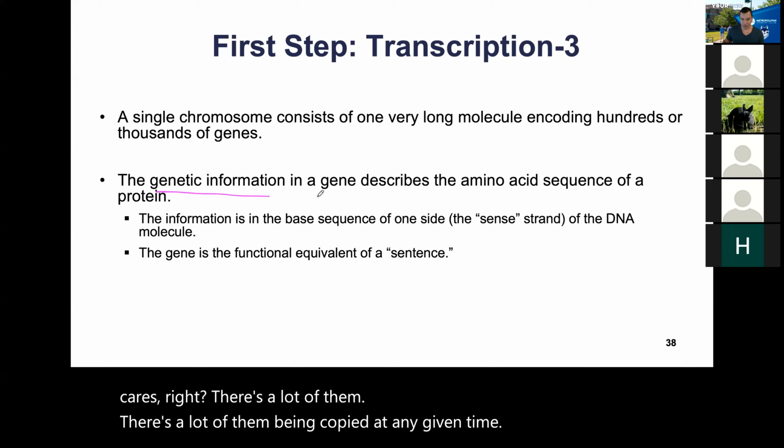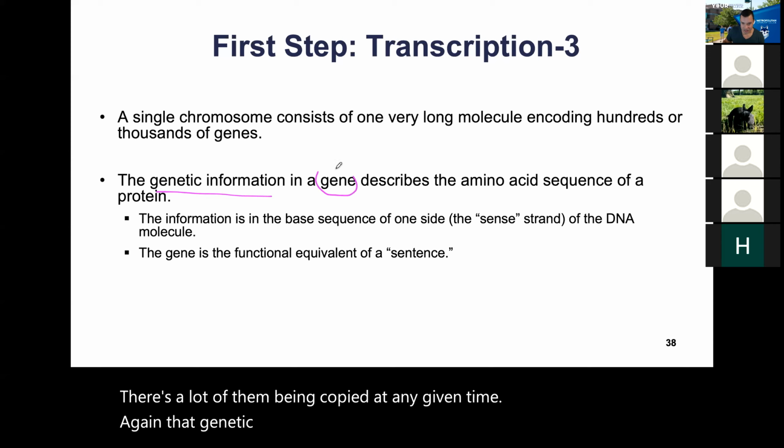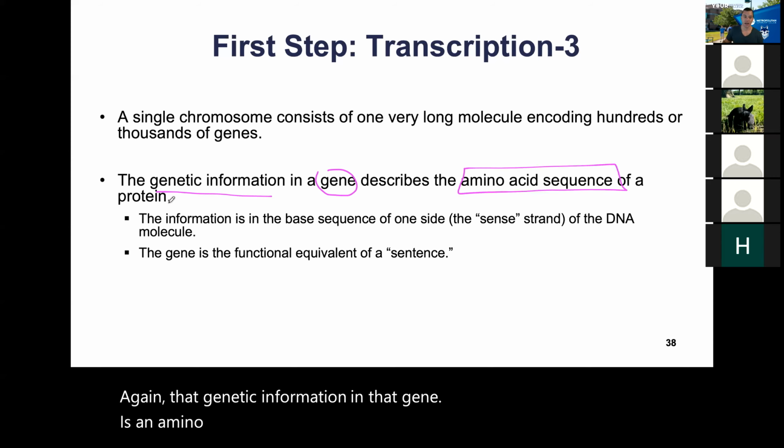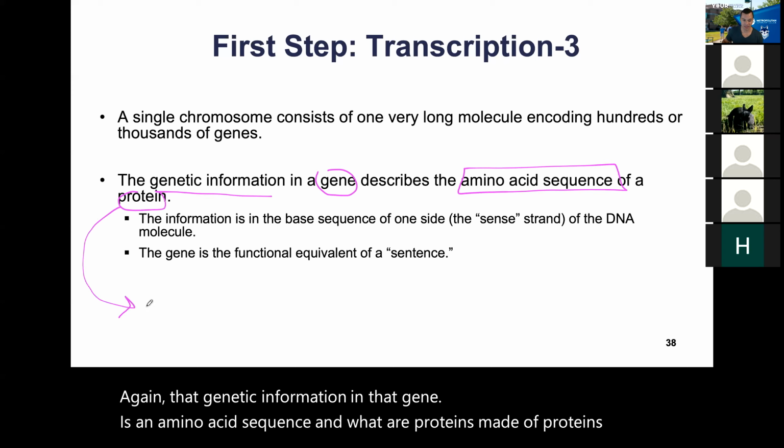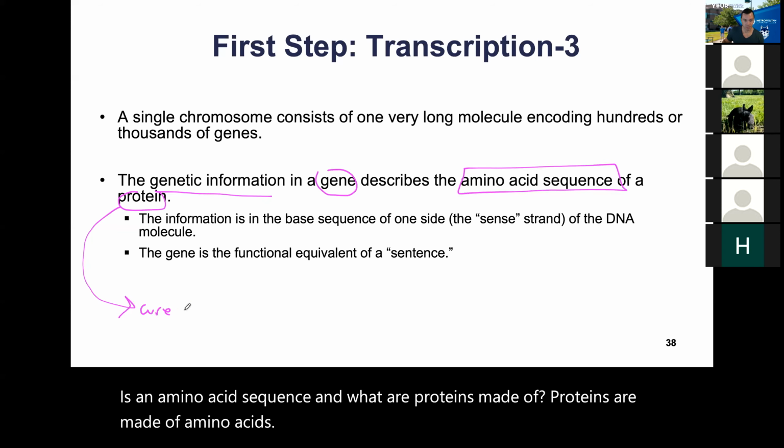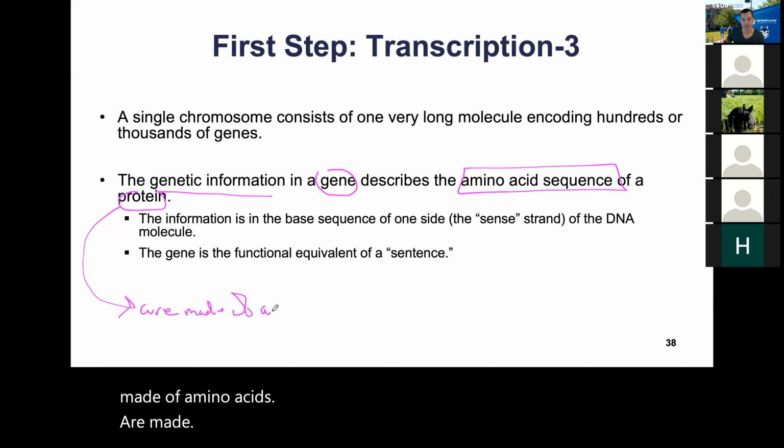Again, that genetic information in that gene is an amino acid sequence, okay? And what are proteins made of? Proteins are made of amino acids. Those were the monomers.